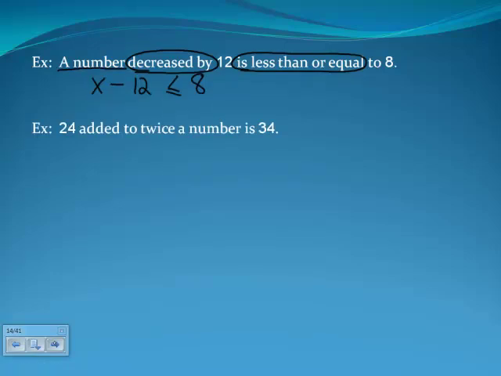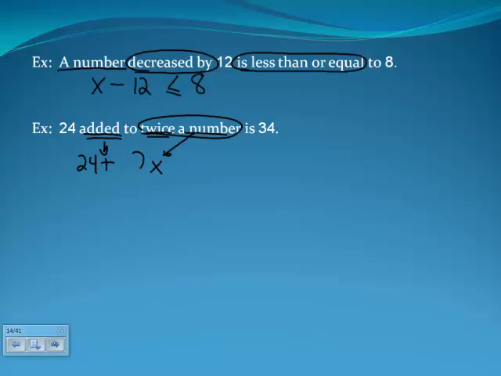24 added to twice a number is 34. Again, look for key words. Added means addition. In order to add things, you have to have two things to add. So in this case, it says 24 is added to. Now be careful here. We've got that number, which of course is x. But twice a number, that's a key word for multiplication, but a specific type of multiplication.